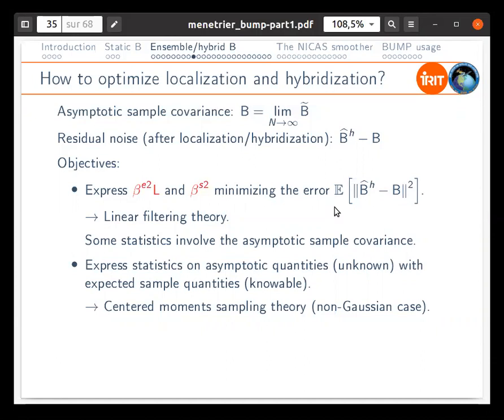The two objectives of this theory are to express the linear coefficients of the filtering, minimizing an error that is shown here, and we use the linear filtering theory for that, and also to express the statistics on asymptotic quantities that are unknown with expected sample quantities that are at least computable. And for that, we use the centered moment sampling theory, even in a non-Gaussian case.